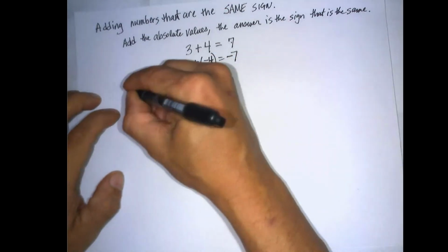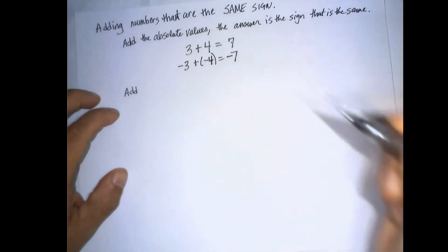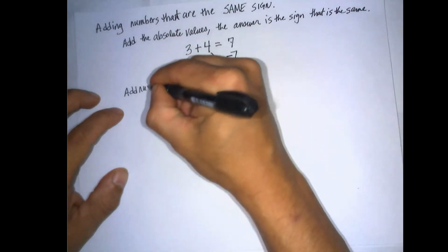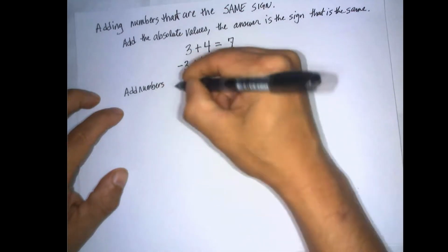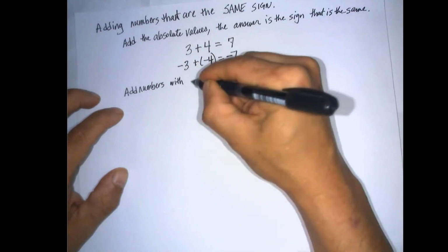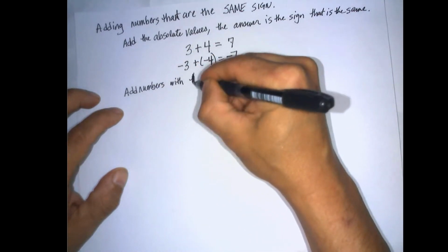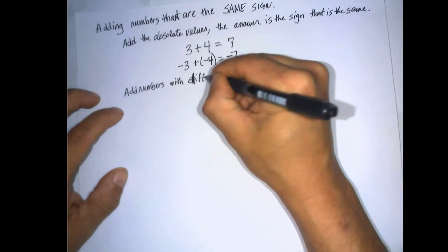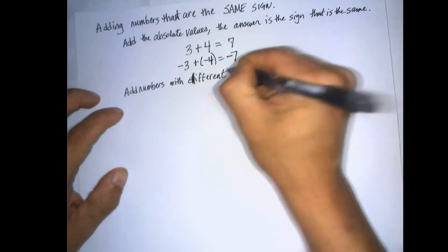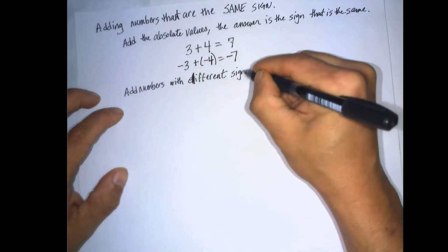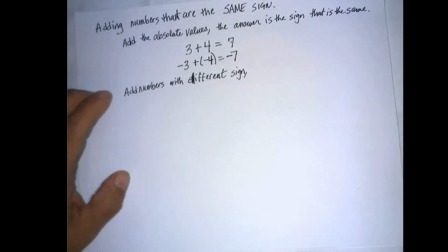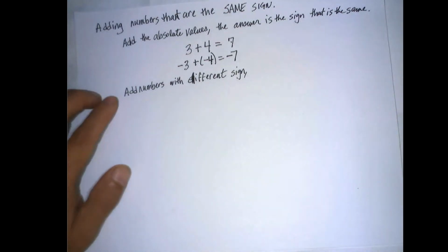When we add numbers with different sign, this is where we get a little tricky, because the operations get tricky.